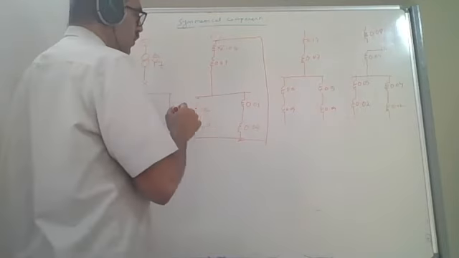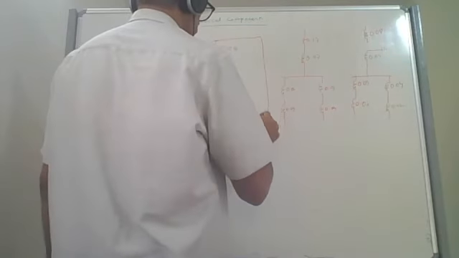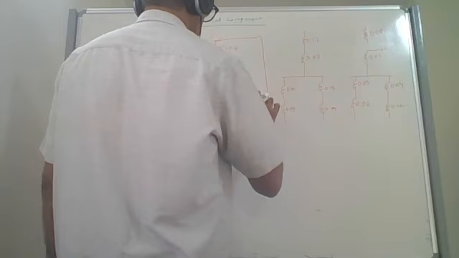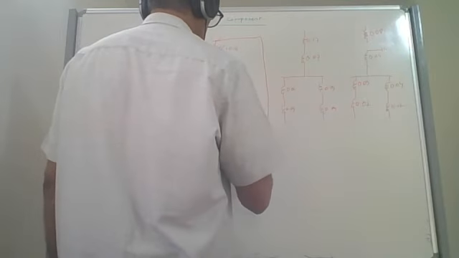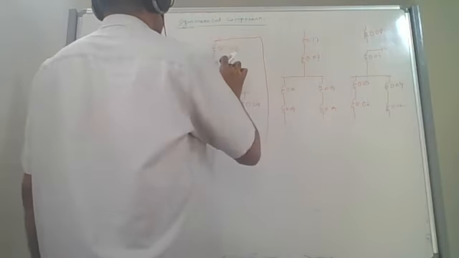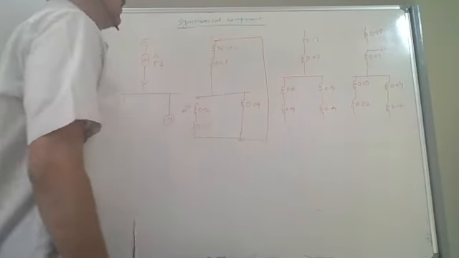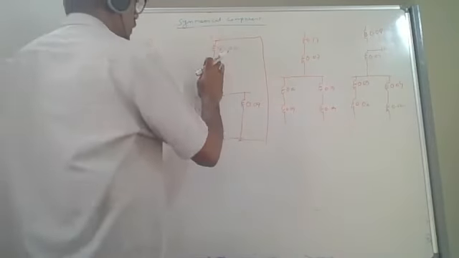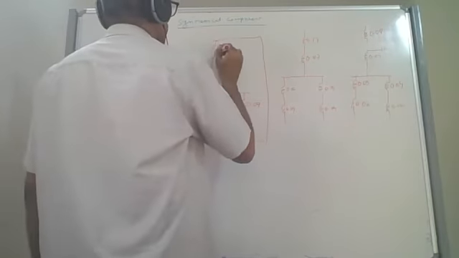Then how do I do it? So 0.03 plus 0.03 is how much? 0.07. Okay, 0.07. Similarly here, 0.07 plus 0.16 is how much? 16 plus 7 is 23. So this is 0.23.